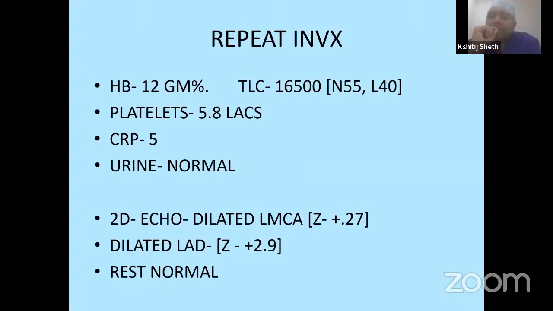But what raised a flag over here is something which should never be missed in the pediatric age group, that is Kawasaki disease. Kawasaki disease is basically fever of unknown origin for more than 5 days, associated with reddening of eyes, reddening of oral mucosa, fissuring of lips, reddening of hands and legs, a transient rash, and enlargement of a cervical lymph node, in the absence of any other cause of fever.